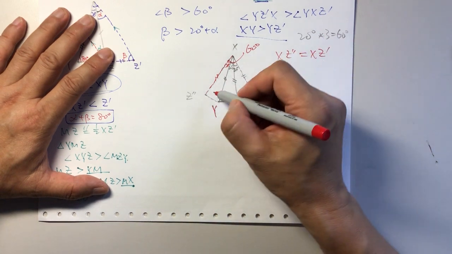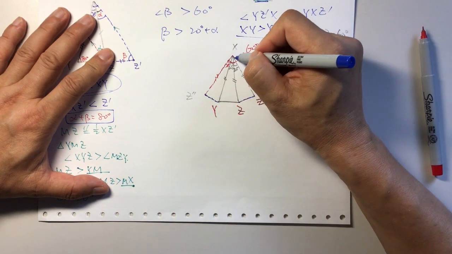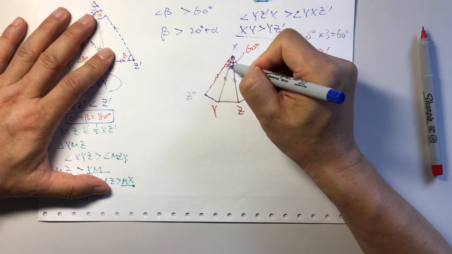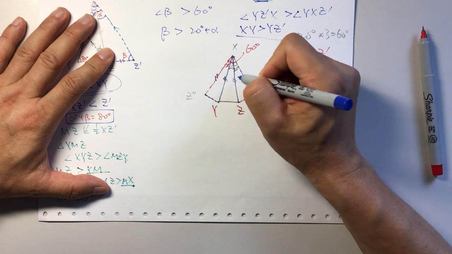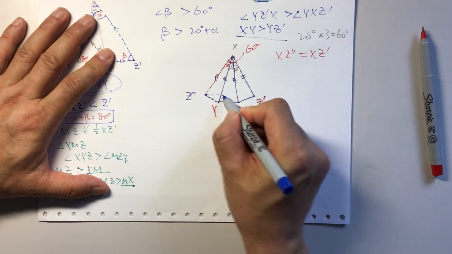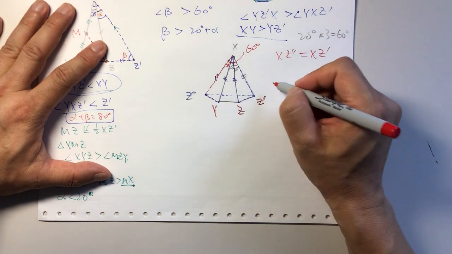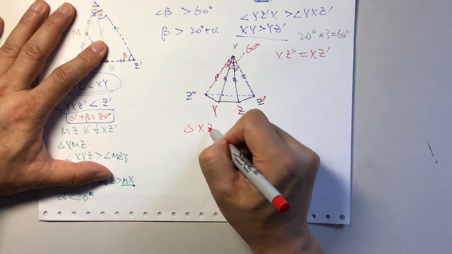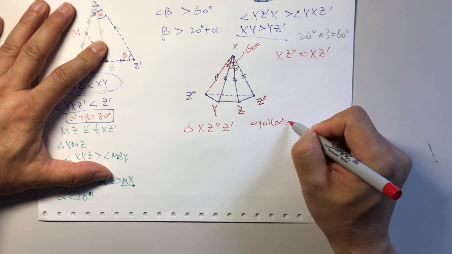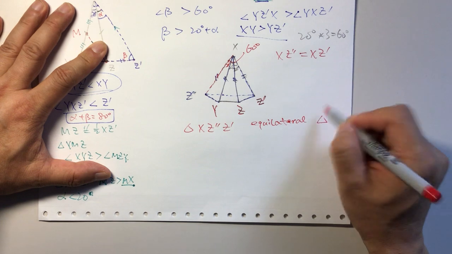So we can easily think about connecting this side, right? If we connect z prime prime to z prime, now we will find the triangle xz prime prime z prime is an equilateral triangle, right?